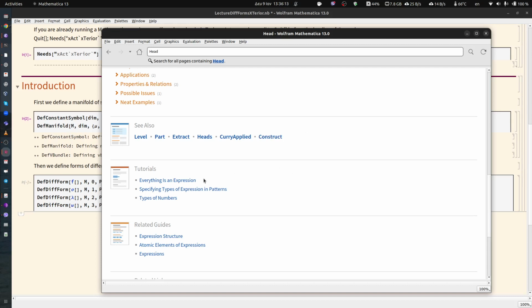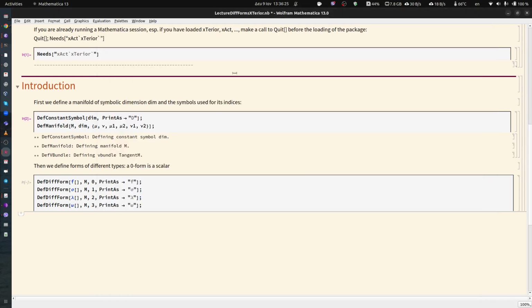So knowing that every expression in Mathematica has a head, and how you can figure out what this head is, gives us power into doing computations more efficiently. But here it is fundamental, because all geometric objects are defined as heads and not as symbols.